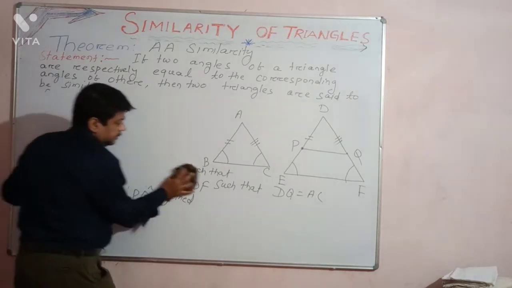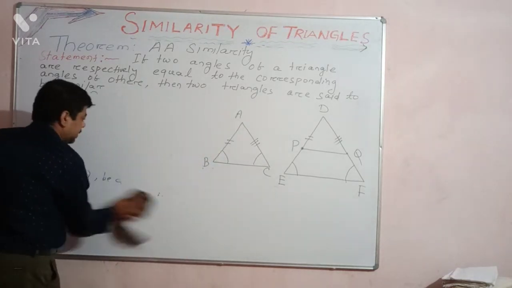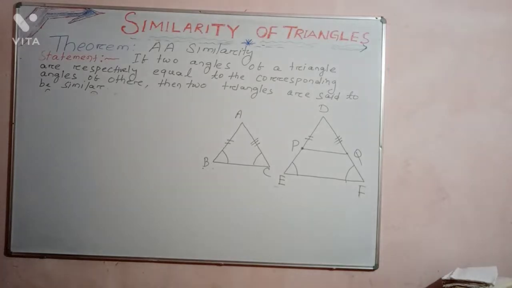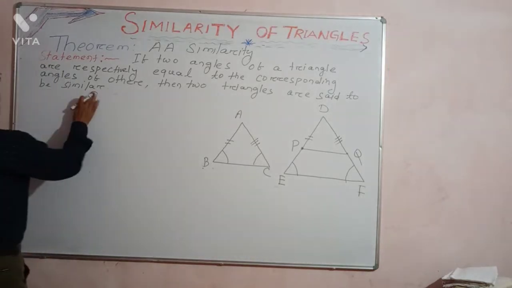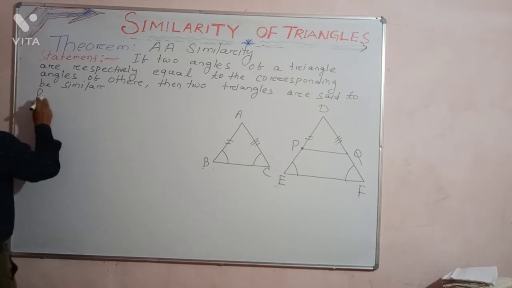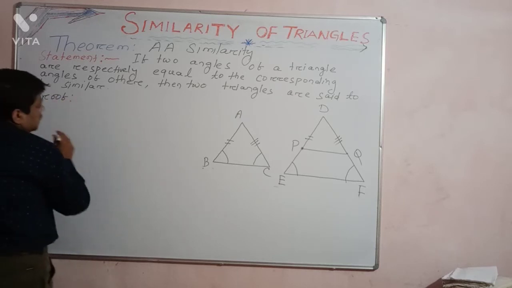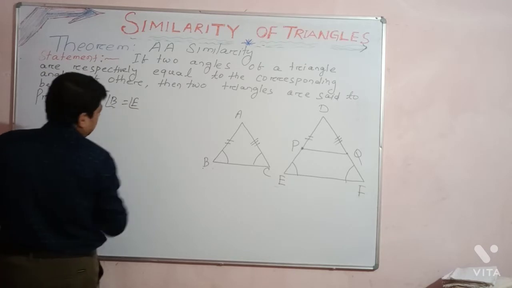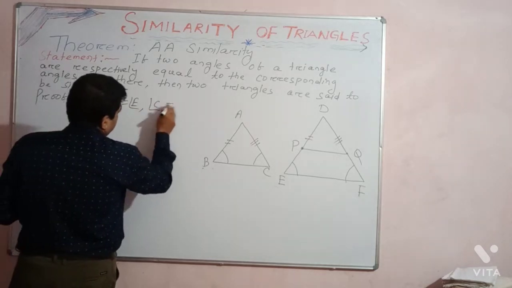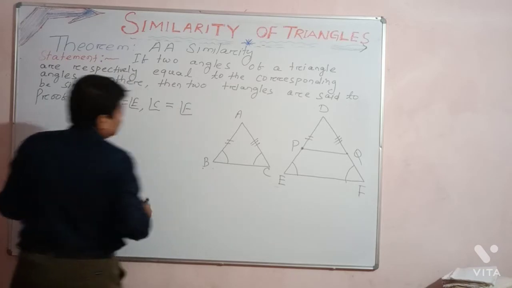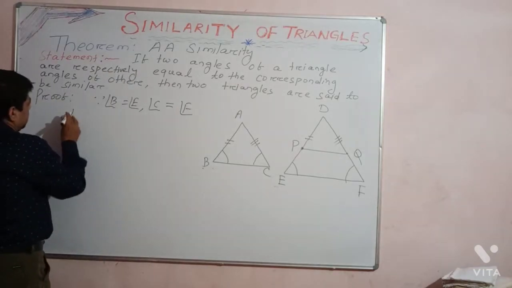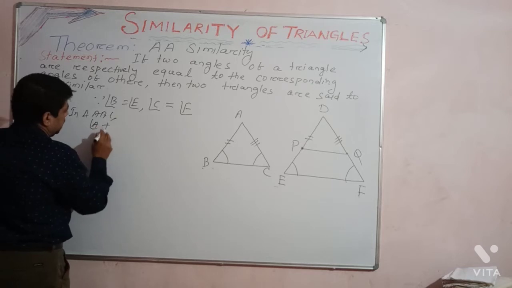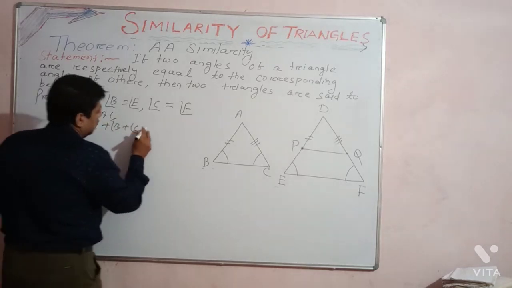So you see now, it is already given that angle B is equal to angle E. Angle B means angle ABC, angle E means angle DEF. Since angle B is equal to angle E and angle C is equal to angle F, in triangle ABC, angle A plus angle B plus angle C is equal to 180 degrees.